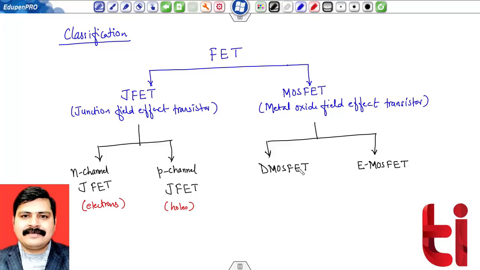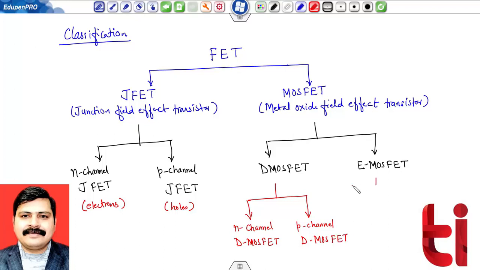The D MOSFET is further divided into two categories: N-channel D MOSFET and P-channel D MOSFET.